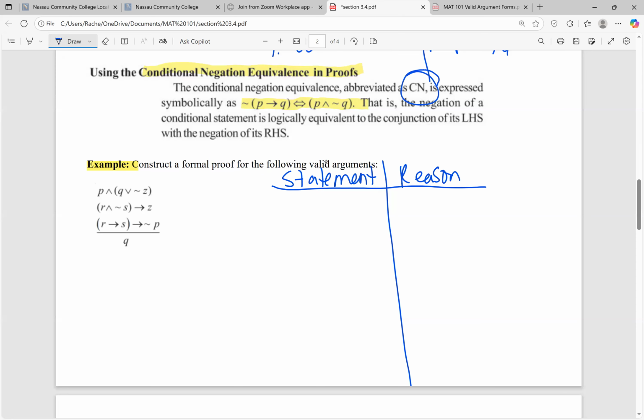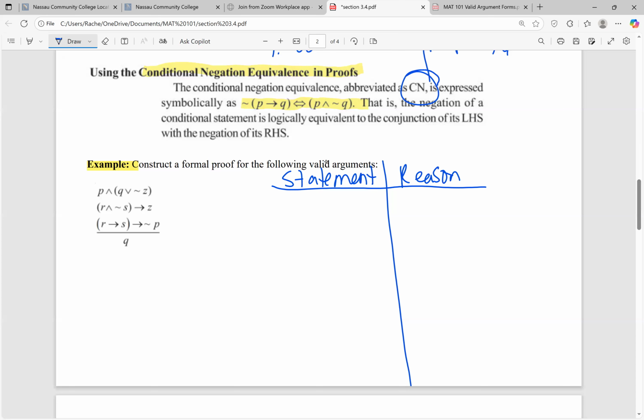So I'm looking at this argument and I'm thinking, okay, I have 3 premises here. None of them are simple statements with just one letter. I have a conjunction and 2 conditionals. So I'm thinking, all right, where do I want to begin?